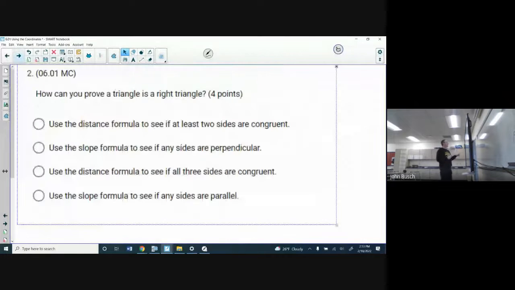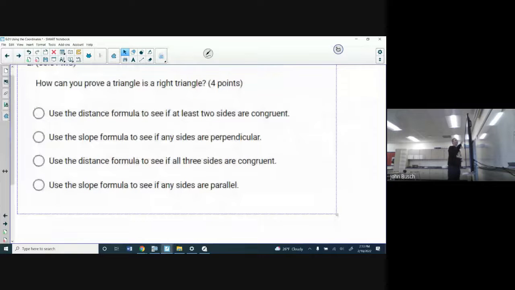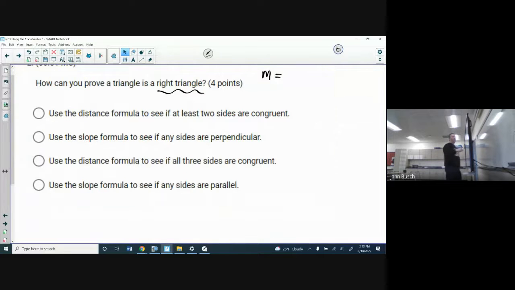On the next one, how can you prove a triangle is a right triangle? Well, the key to right triangles is you need to check to see if the slopes are perpendicular slopes. Because if you can find 2 perpendicular sides, then you'll know it's a right triangle, because right triangles have 2 perpendicular sides.